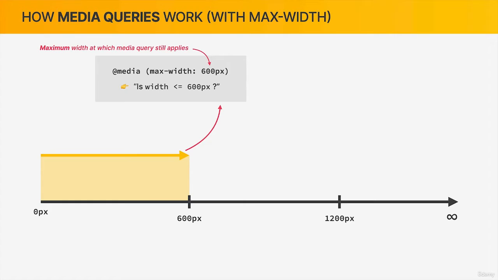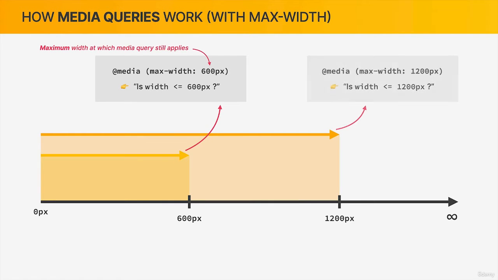All right. Now let's try another one, because of course we can create more than just one media query. So for example, if we wanted to cover the space from 0 to 1200 pixels, we would write a media query like this. So now we have max width 1200 pixels. And so this media query basically asks the question, is the width less or equal than 1200 pixels? And so if it is, then of course this code that is in this media query will be applied.